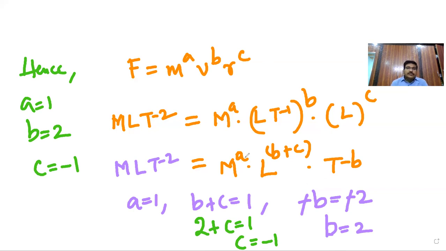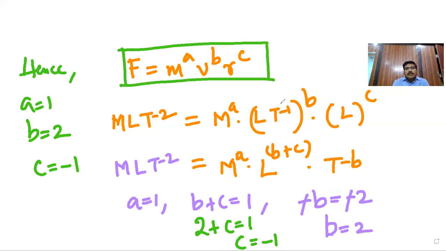Now, if I substitute in the basic equation, this is the basic equation given to us, F is equal to m to the power of 1 in place of a, v to the power of b, that is equal to 2, and r to the power of minus 1.